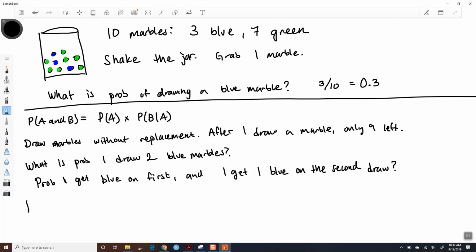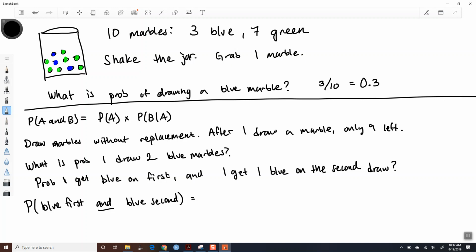So we'll just say this is the probability of blue first and blue second.